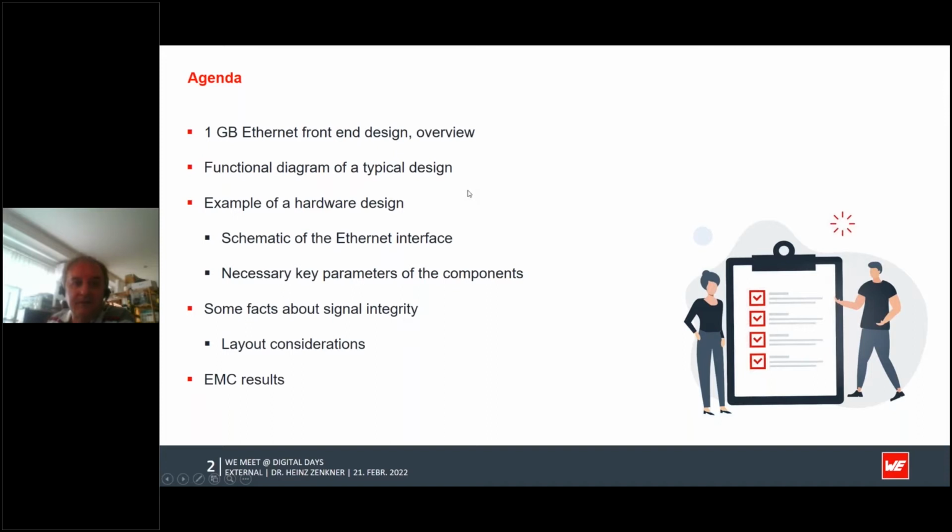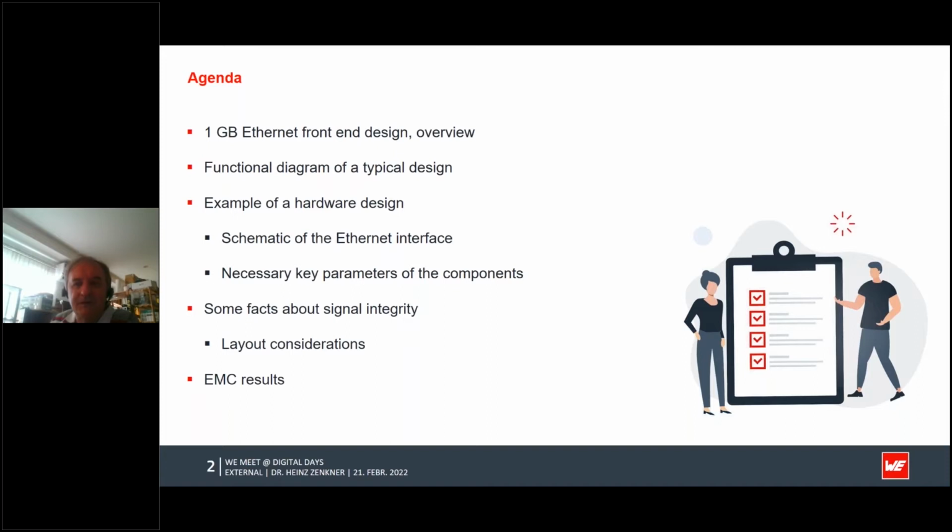First of all, I will give you a short overview of a gigabit Ethernet front-end design. The next topic will be the functional diagram of a typical design. Then we will go more into the detail of the hardware design, to show you the technical details beyond the schematic.